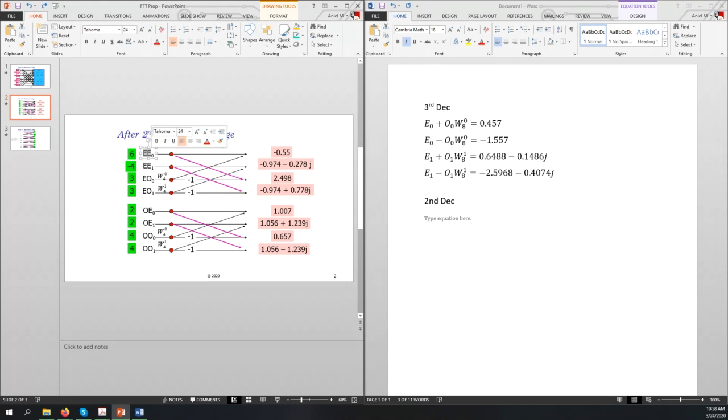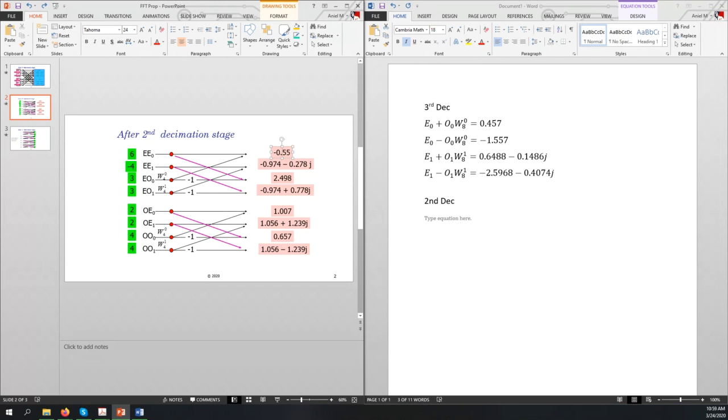E naught here will be going towards this value and this value only. So we'll do the addition part first. So E naught will be going towards this value plus EO naught.